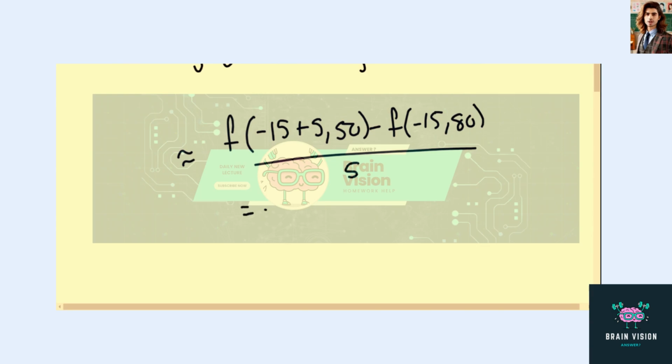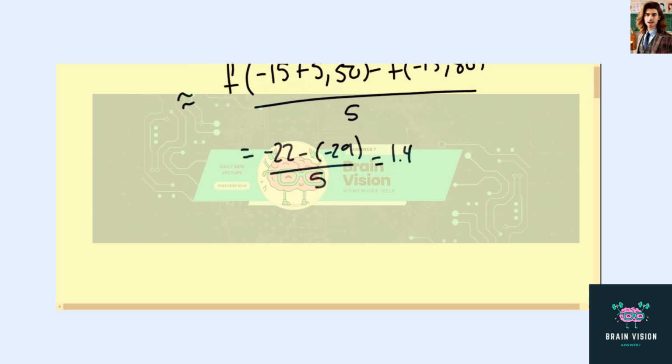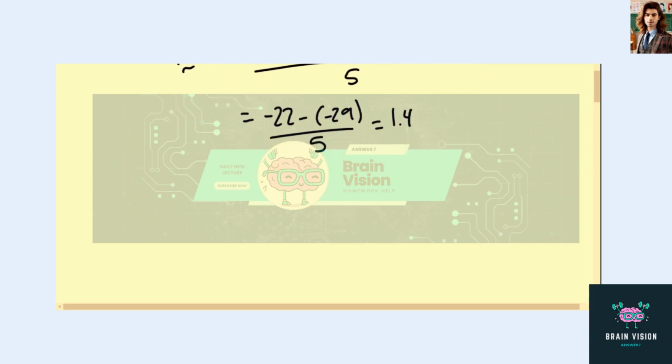Okay, so this is going to be equal to negative 22 minus negative 29 over 5, which is equal to 1.4. Then we can do the same thing, but we're going to subtract 5 instead.